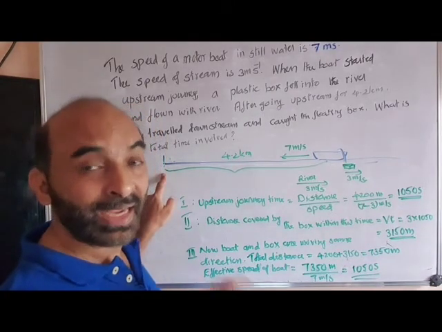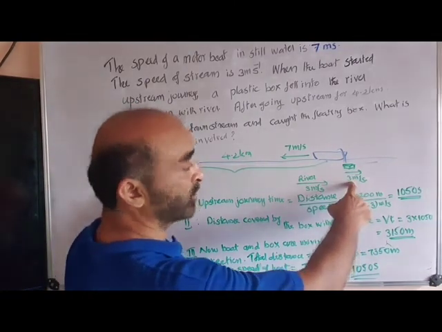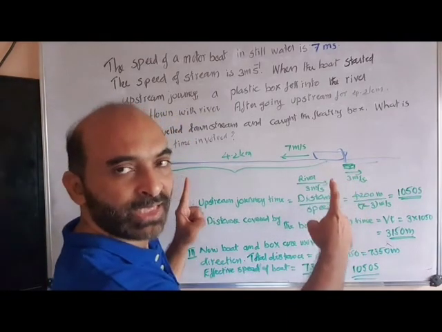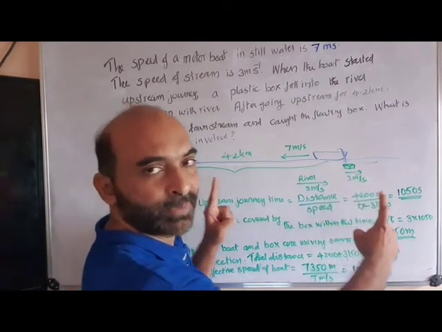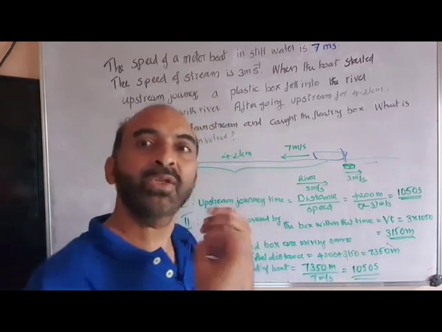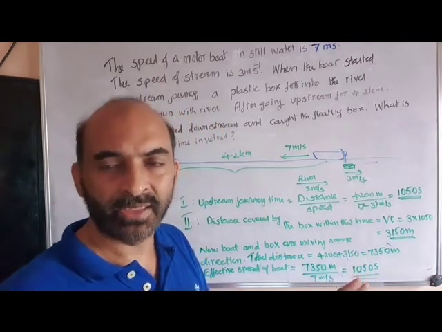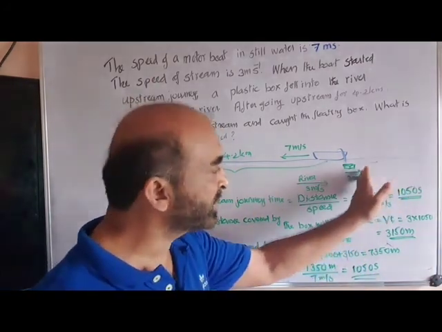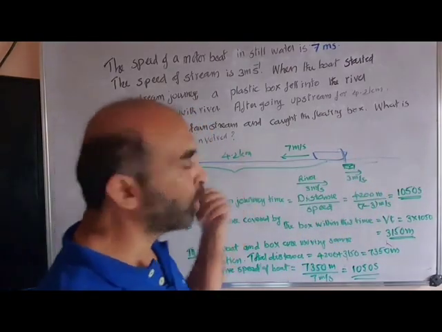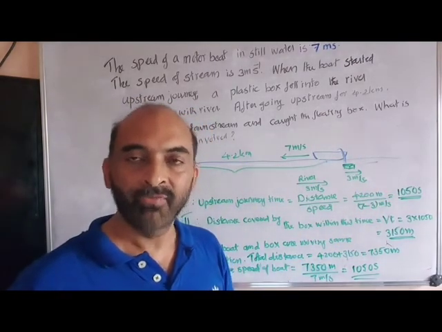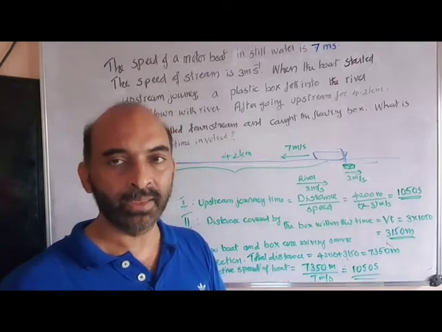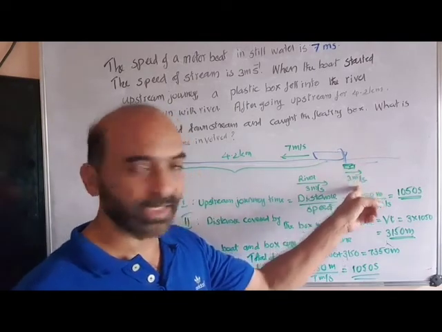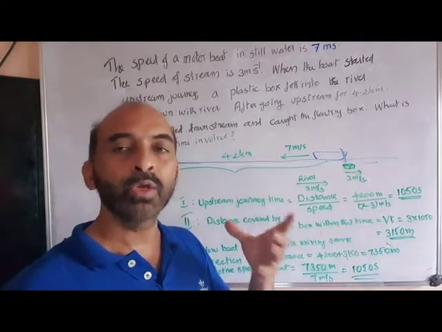But that cancels with the 3 meter per second of this box. Boat as well as the box get additional 3 meter per second, isn't it? So we can totally ignore that factor. We can imagine this box is still and the boat's speed is 7 meter per second. We don't have to add 3. If you add 3 here, you have to consider this 3 also. So we ignore both these 3.